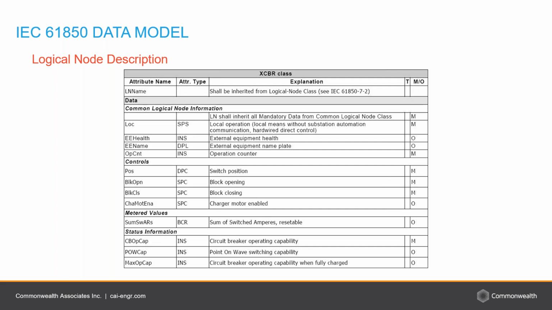Similarly, you have other data elements related to circuit breaker function, like the operation counter, the switch position data element, or the circuit breaker operating capability data element, which stores the information about the circuit breaker operating capability. So each logical node will have this kind of set of data elements, and it will show you what data elements make up that logical node. Next slide, please.